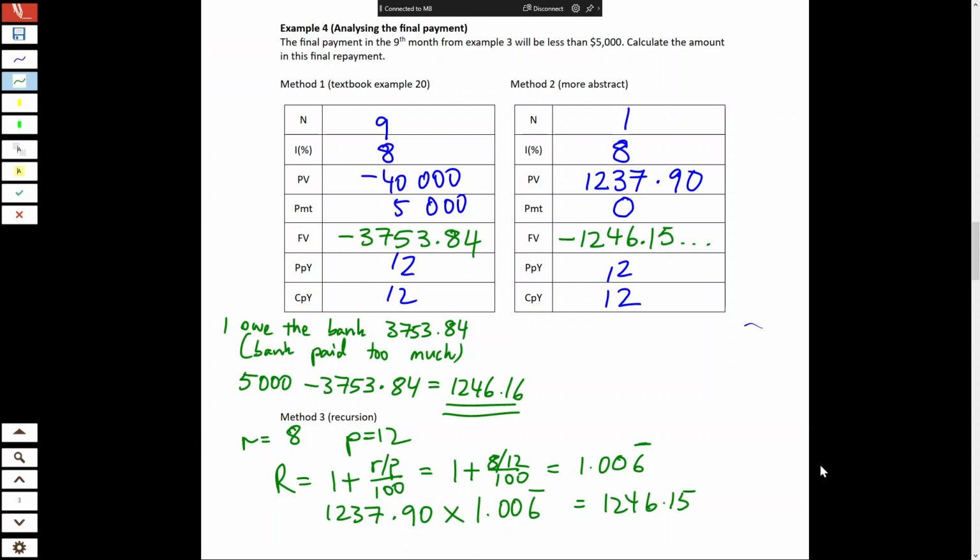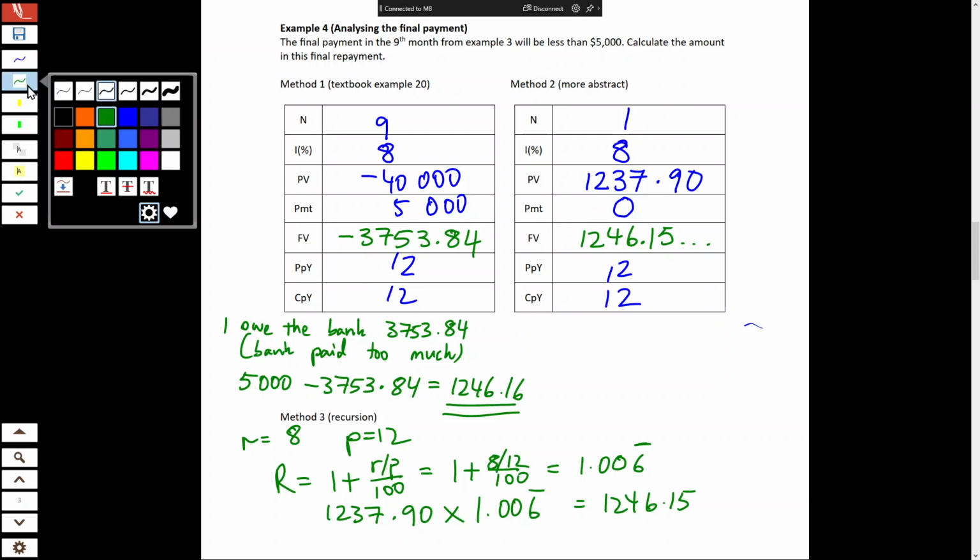Well, think about it, right? This is negative. This should be negative, because I owe the bank, because I gave money to the bank. And this should be positive. Okay, so we'll fix that. Good pickup.